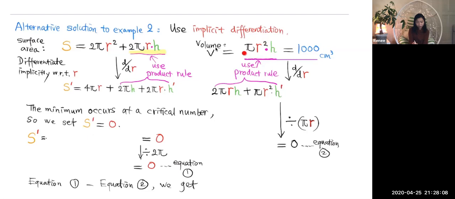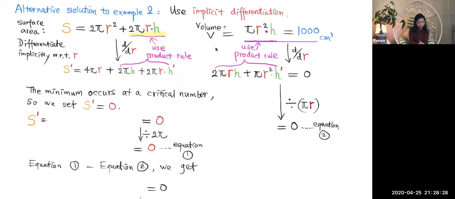So that would be 2 pi r, times h, plus the first function pi r squared times the derivative of h with respect to r, which is h prime, okay? And that's equal to the derivative of the constant volume, which is 0.